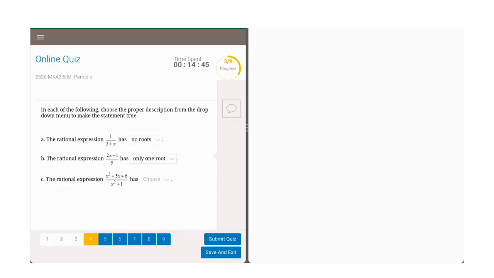Now for the last rational expression, we need to factor the numerator using box method. So we can put x and x. 6 has factors 3 and 2. Cross multiply, get x plus 3 and x plus 2, you get 3x plus 2x, so both plus, and then you'll be able to factor it as x plus 3 into x plus 2.